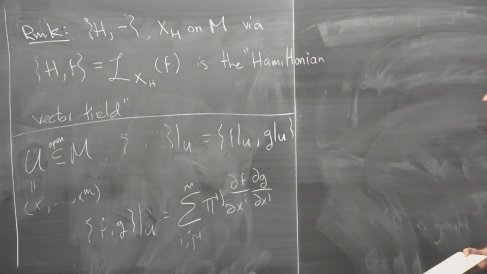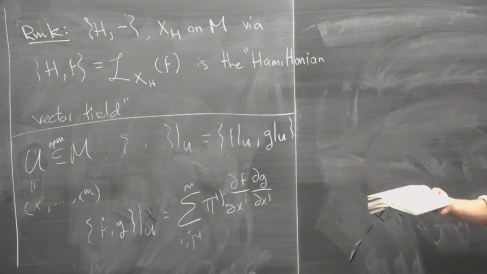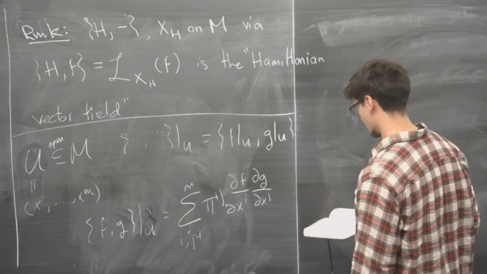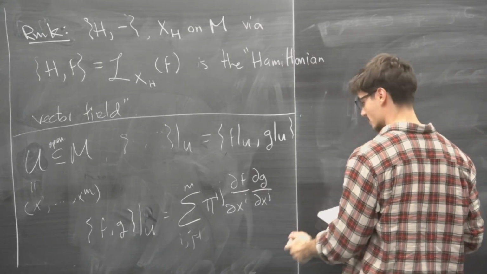We use pi for the bivector, which uniquely defines the bracket, which we'll get into in a second, for some coefficients.